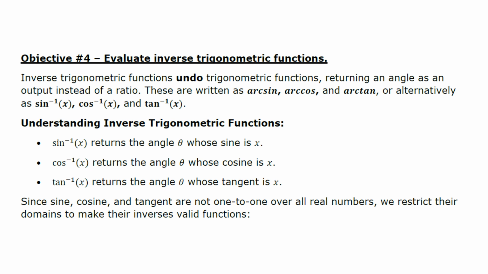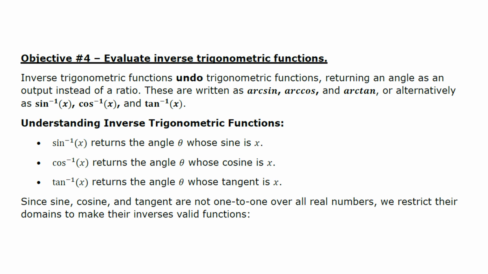But if you see those as problems, you can always rewrite them as the inverse of the trigonometric functions. So, in understanding inverse trigonometric functions, let's note that the inverse of sine of x returns the angle whose sine is x. The inverse of cosine x returns the angle whose cosine is x. And the inverse of tan of x returns the angle whose tangent is x.